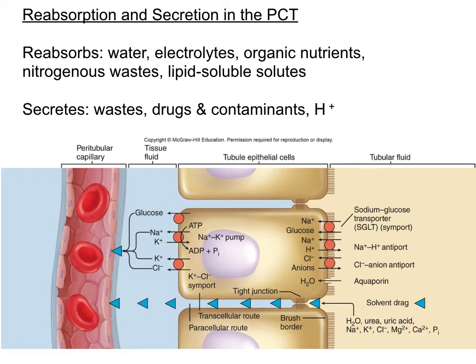With regards to calcium, you're going to actually reabsorb 66% of your calcium through the proximal convoluted tubule, and this reabsorption is independent of hormonal influence. Now 52% of the calcium specifically is reabsorbed through the paracellular route, and 14% is going to be moved by the transcellular route.